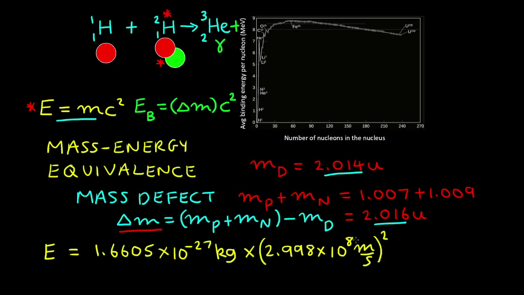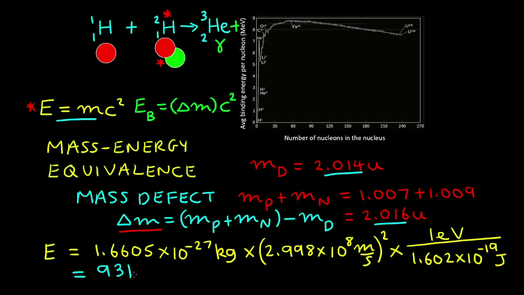So that'll give us a unit of joules, which will convert to electron volts. So 1 electron volt was 1.602 by 10 to the minus 19 joules. So that'll give us 931 by 10 to the 6 electron volts, or 931 mega electron volts.